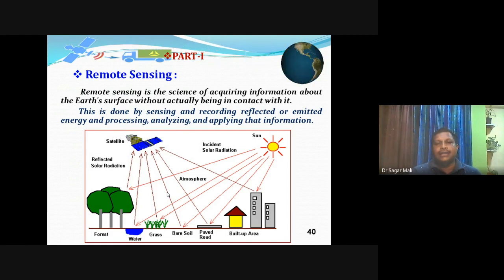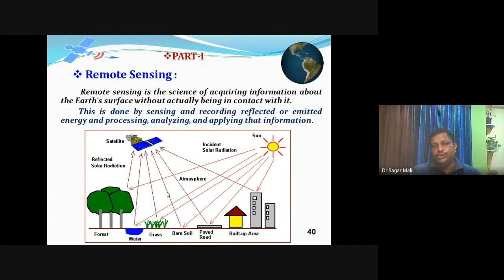Our sensor gathers the signals from the objects, and those signals reach the retina in the eyes, and the retina sends the signals to the brain for processing. The brain analyzes those signals and gives the result, and finds out the object in front of the particular human being. Still, for learning, for teaching, and in day-to-day life, we are using this natural remote sensing.